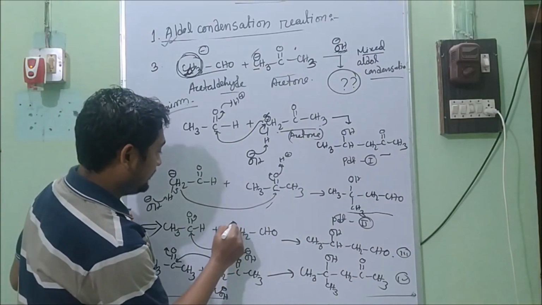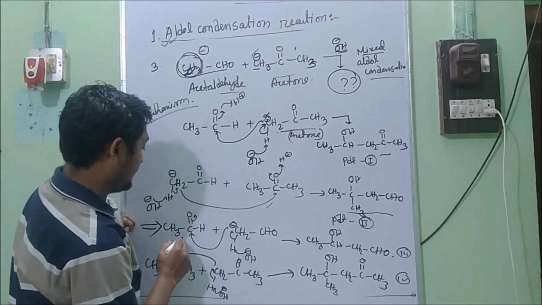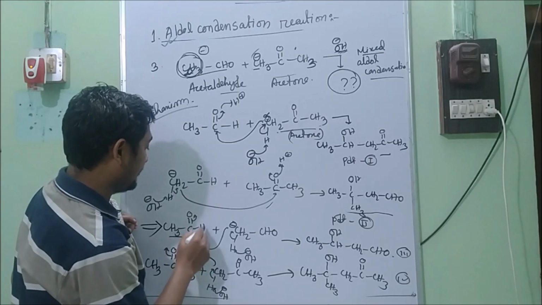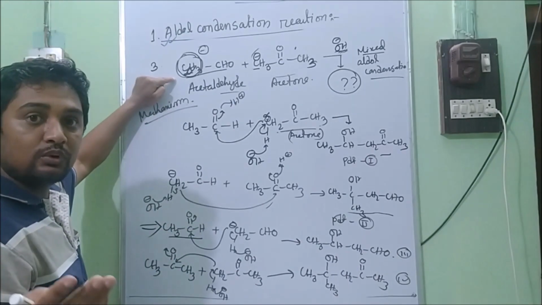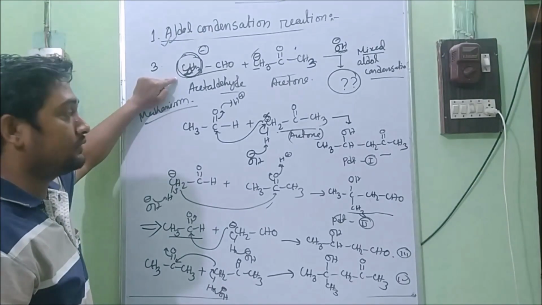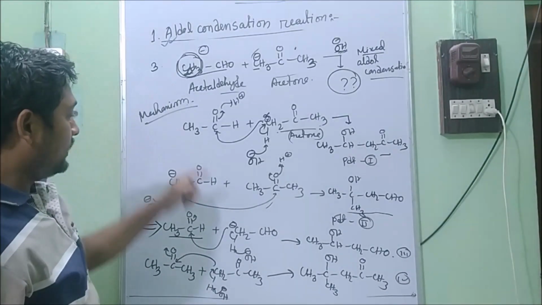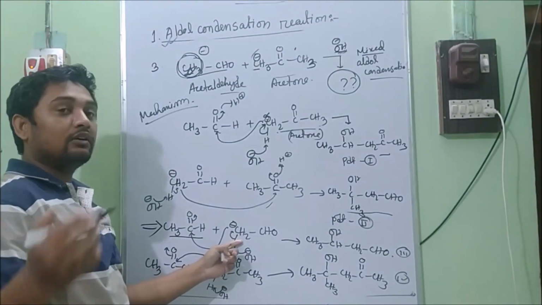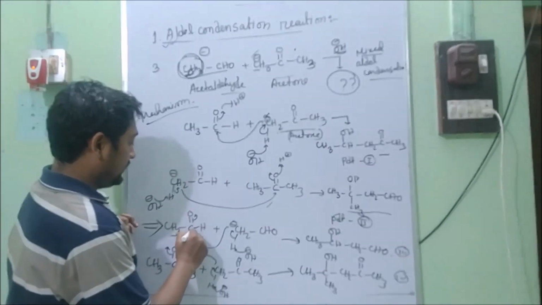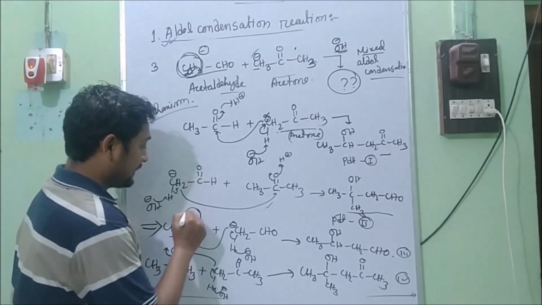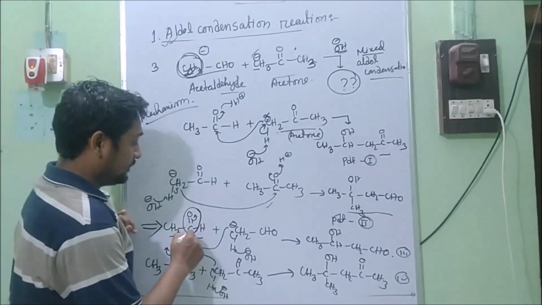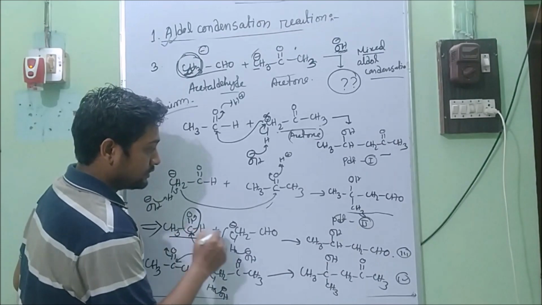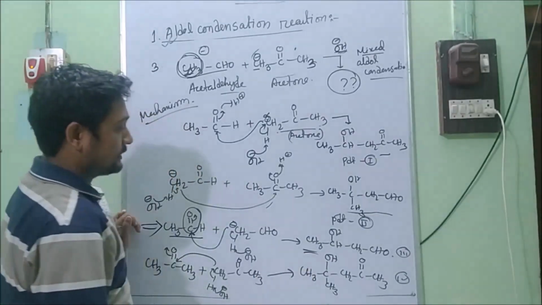Now this negative charge will attack the same acetaldehyde molecules, because we have not taken only one molecule. So we have taken, suppose, 1 ml, so there are lots of acetaldehyde molecules. So this negative charge will attack the carbonyl center of acetaldehyde molecules. So here we will get such kind of products.